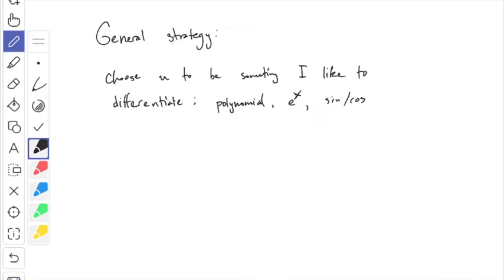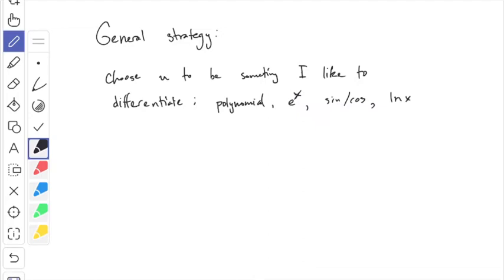So those sometimes are good choices for the u. And also natural log of x is sometimes a good choice for the u, because the natural log will turn into 1 over x, which is different, but usually 1 over x is easier to deal with than the natural log, right? So the general idea is you choose something which gets simpler after you take the derivative, all right?